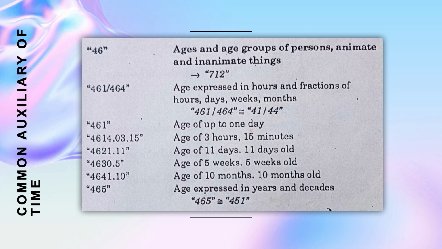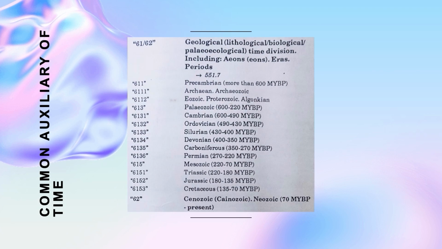So 461 within double quotation marks will be age up to 1 day, and 4614.03.15 is age of 3 hours 15 minutes, and so on. Another example in the time auxiliary is within double quotation marks 61 to 6. This is basically the beauty of the UDC, that there is a provision for geologic time, that is prehistoric and geologic time.